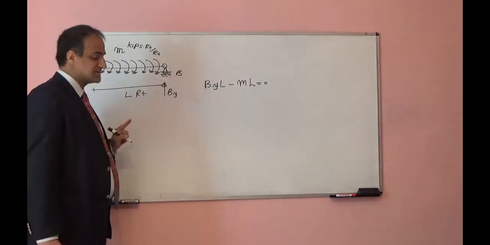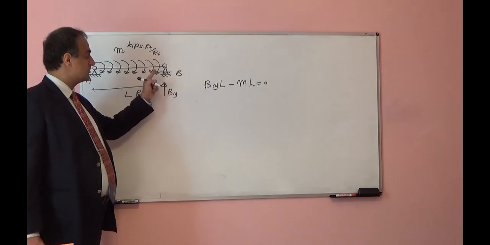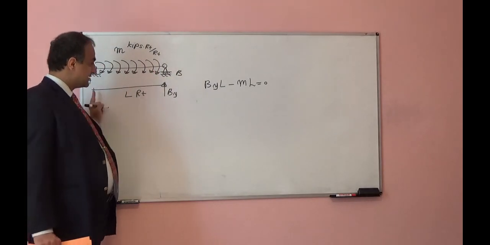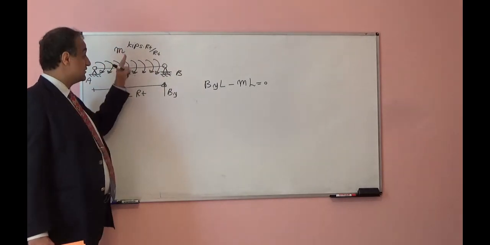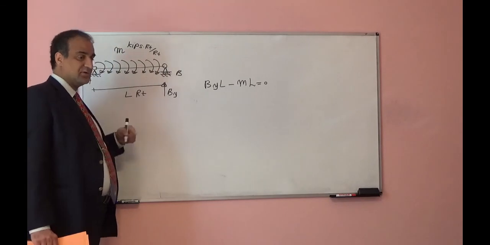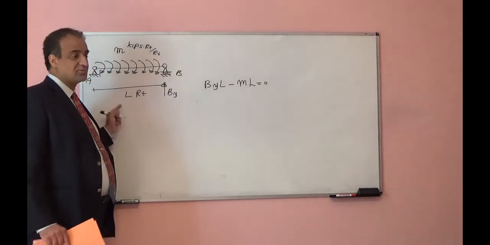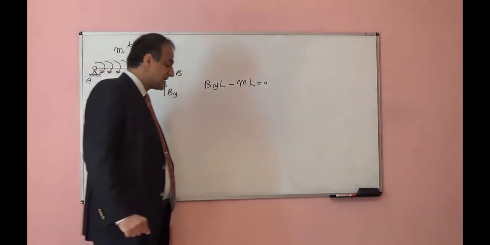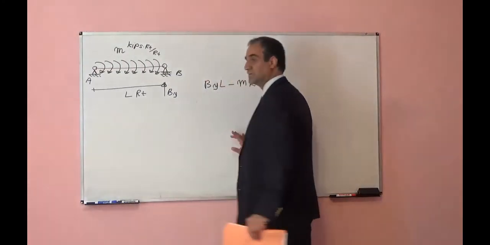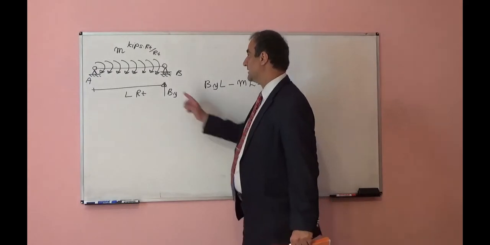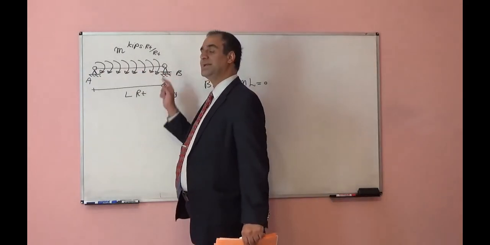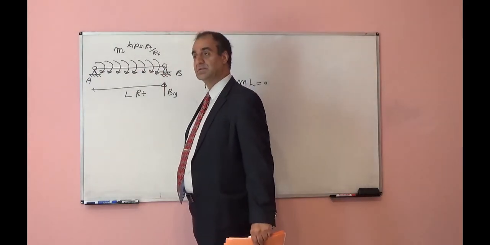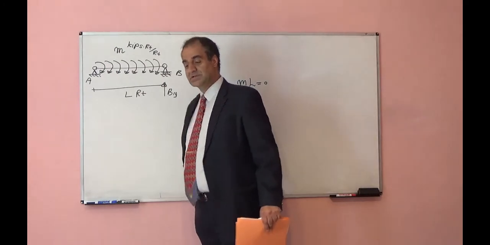If it was load, for example Q, you should write By times L minus Q times L, which will be the resultant force, times L over 2. But here, because it is moment, the resultant moment, you don't need that distance. The moment m times L will give us the resultant moment. Over there it is force.